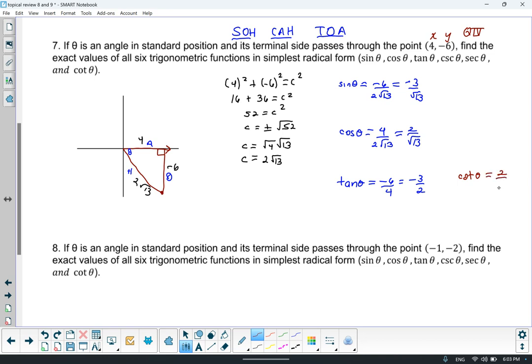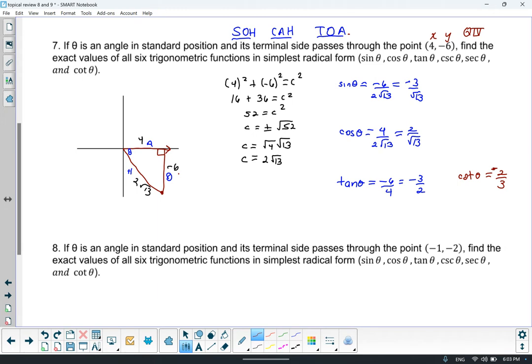And again, these formulas you need to memorize for a long time. So a reciprocal just means you're flipping that fraction. So you can either flip the opposite over adjacent and calculate adjacent over opposite and then simplify, or if you have tan first, you just take the reciprocal.